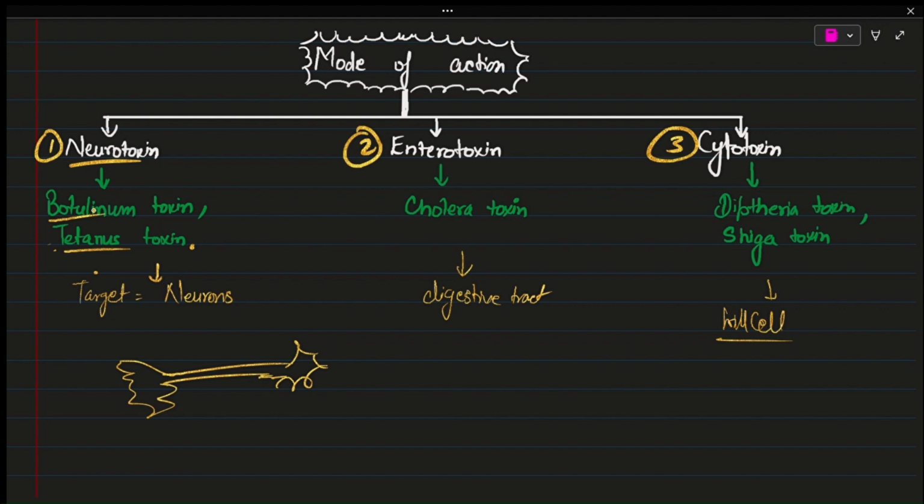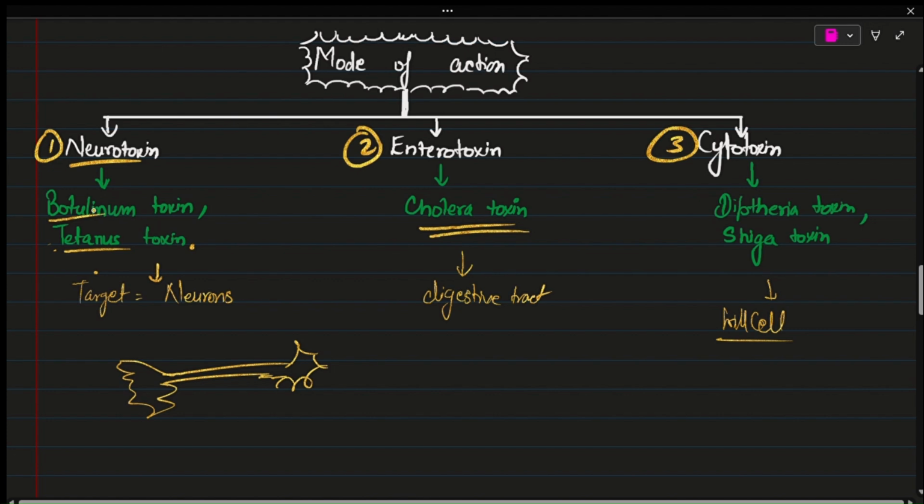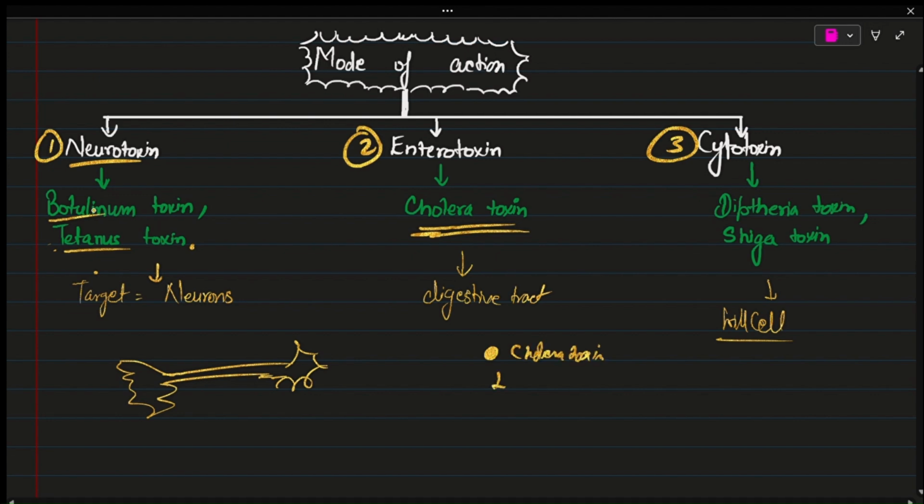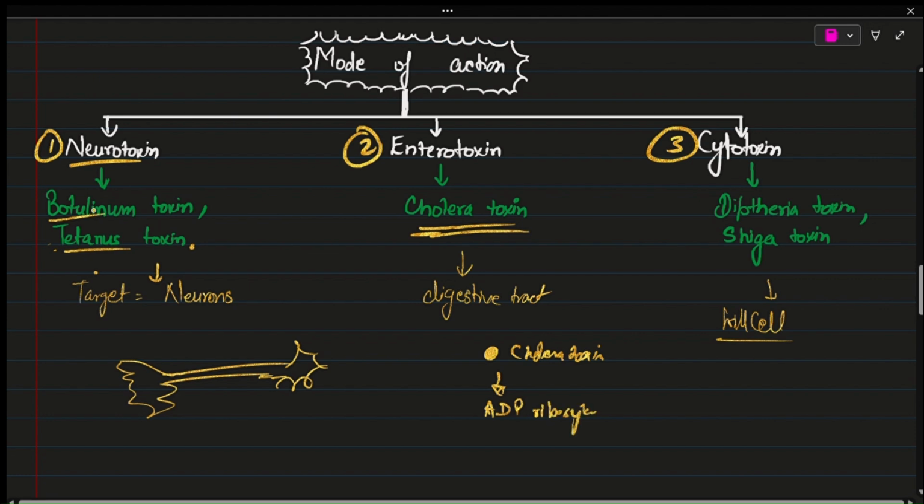Then we have enterotoxin, for which we have cholera toxin. You must have heard about the disease cholera, which is basically a dysentery, right? Let us say this is my cholera toxin. This cholera toxin will go inside the cell and cause ADP ribosylation of a G protein.